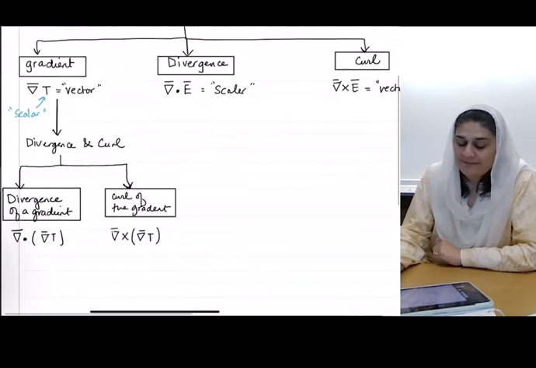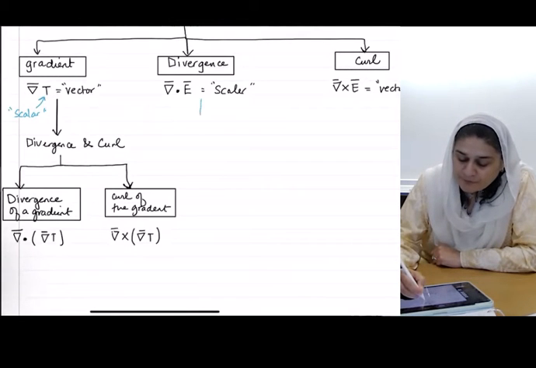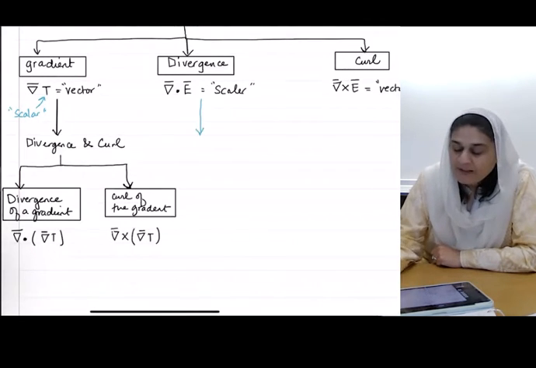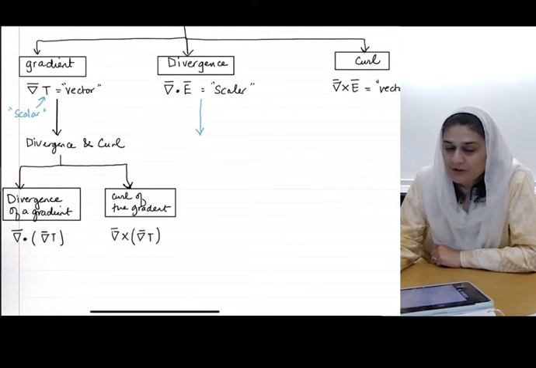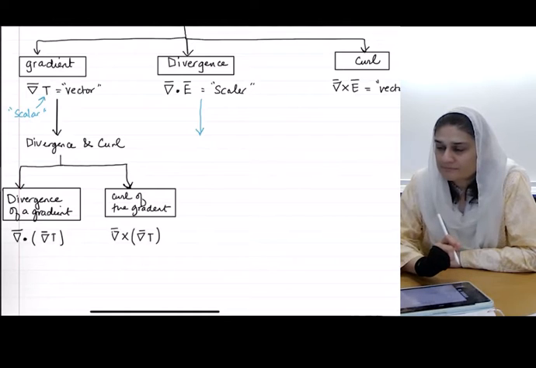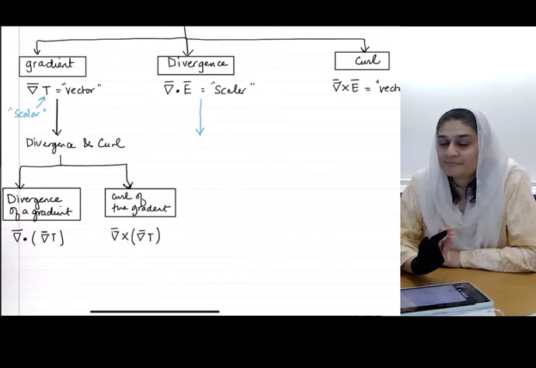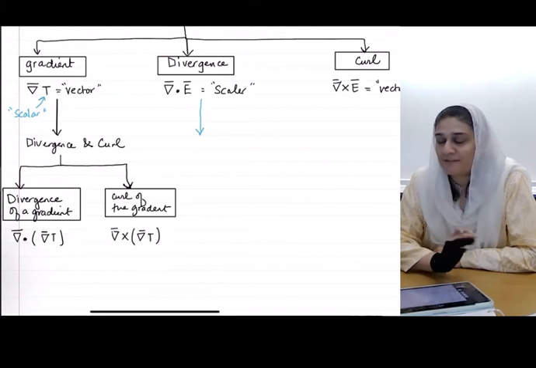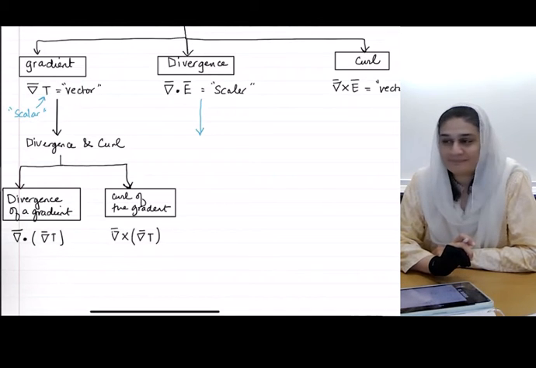Now, what about the divergence? For this case, can I take a curl of a scalar? Can I take a divergence of a divergence? So what's the only possibility left?